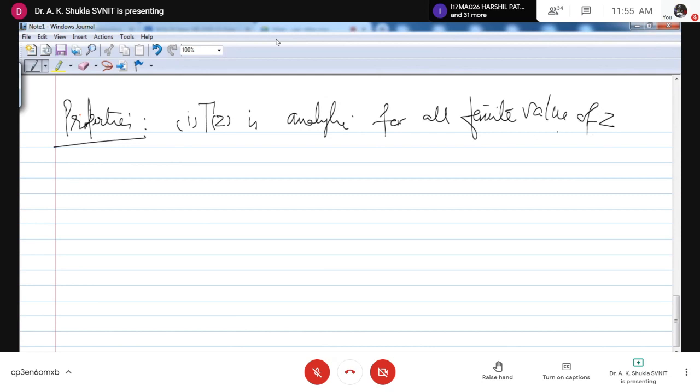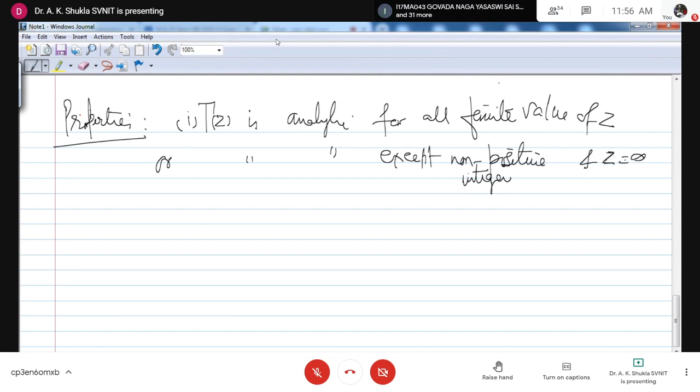Finite value means, so here we can take all, or you can write now here, this is analytic except at non-positive integers and z equal to infinity. So this is defined only for the positive values.